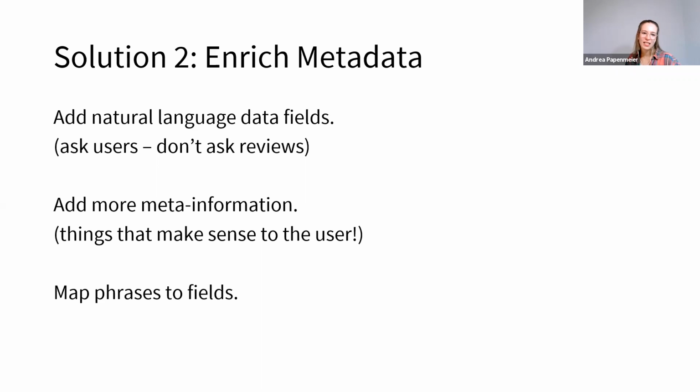Another thing that we tried is that we enriched our data set with other information that users usually look for. So for example, for laptops, we added things like the purpose of the laptop. What can it be used for? Like, is it a gaming laptop or is it a simple laptop, and so on. For data sets, we added fields that describe, for example, the topic of a data set, which is information that wasn't there before, but people simply look for topics, so now they can find it.